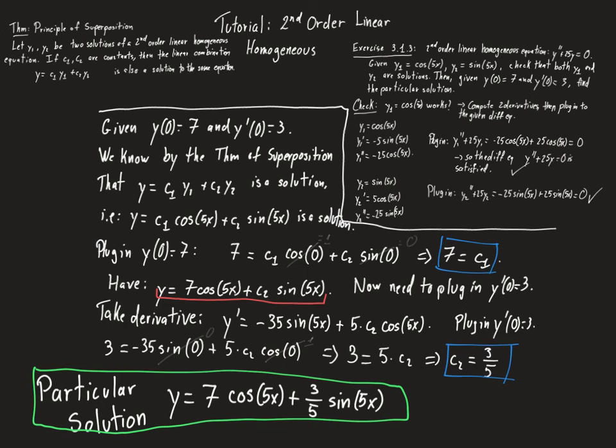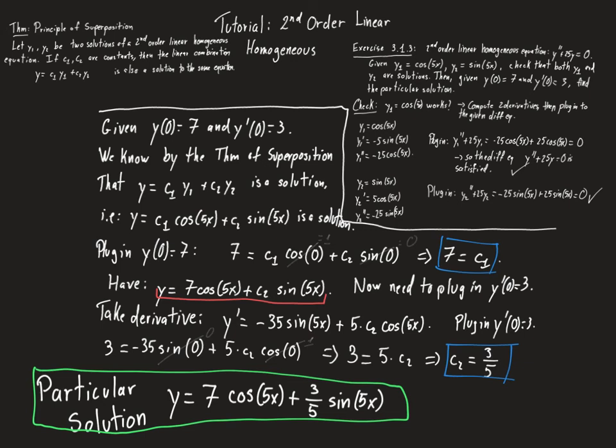So like I said, this is a shorter video because this is actually pretty straightforward. In fact, if you want, you can double check, just like we did in part 1 with y1 and y2, that this particular solution does in fact work as a solution to the equation y double prime plus 25y is equal to 0.